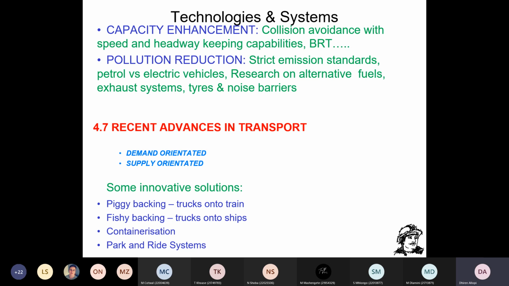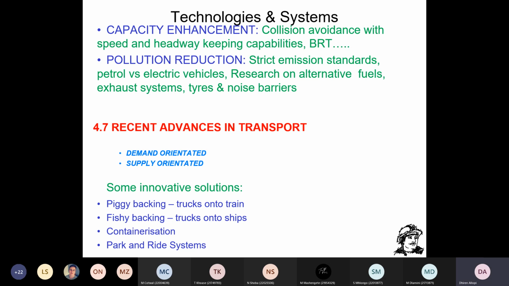And you'll see there's 4 bullets on your slide there: piggybacking, fishybacking, containerization, and park and ride systems. So you can see some of the ways. So getting, for example, a truck onto a train, getting a truck onto a ship, a container onto a ship.